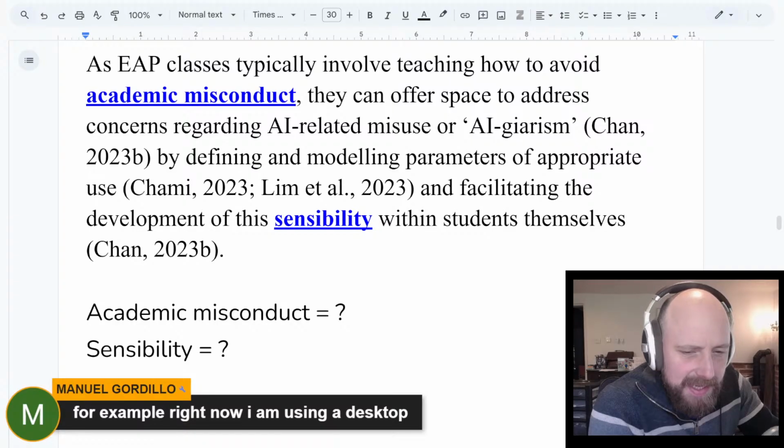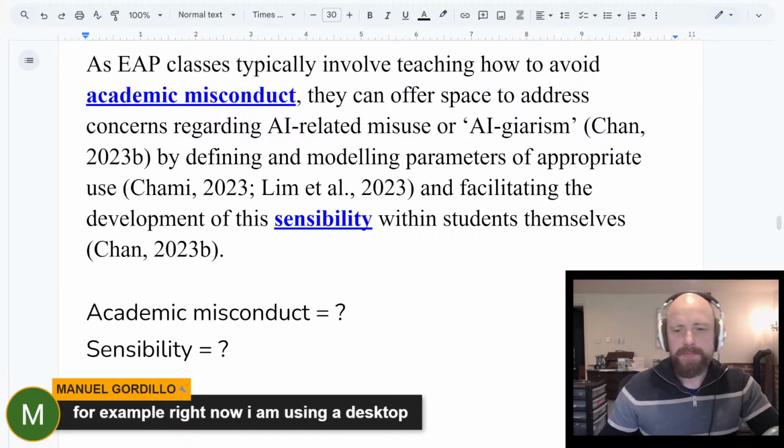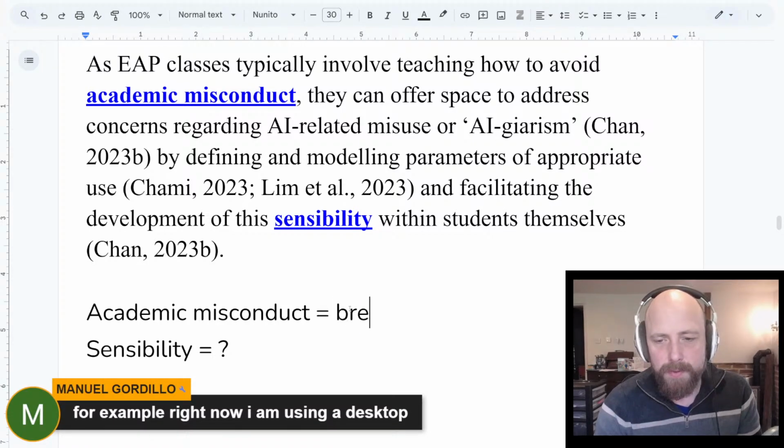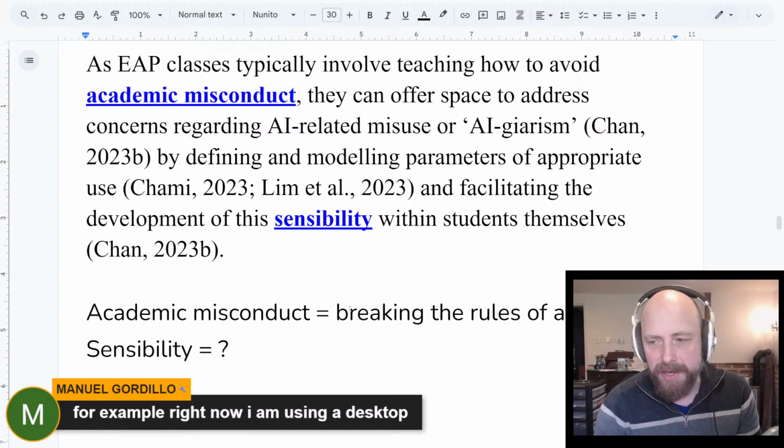Zoya's gone for academic misbehavior, for academic misconduct. Incorrect use, says Sleepwalker, for misconduct. Not too bad. Academic misconduct is breaking the rules of academia.